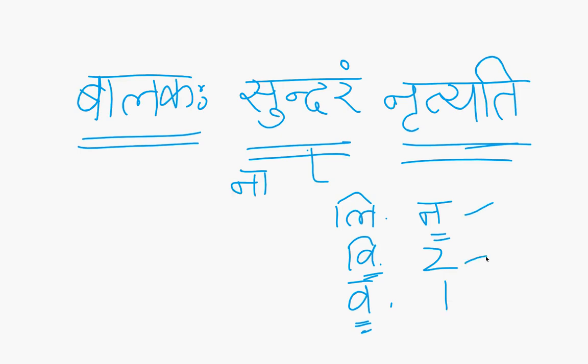Even if it is pullingam, Dvitiya Vibhakti is sundaram, right? Yes. Like Ramaha becomes Ramam in Dvitiya Vibhakti ekavachanam. Like Sundaraha, it becomes Sundaram in pullingam Dvitiya Vibhakti. So why are we saying napumsakalingam here?